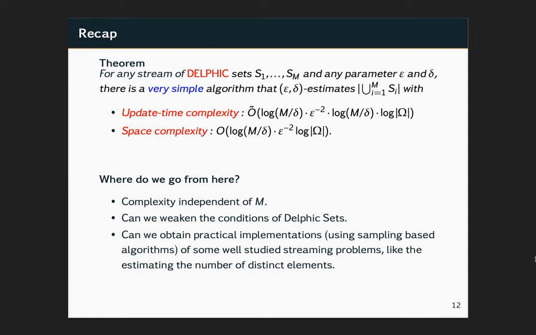And thirdly, since our algorithm is a sample based algorithm, it might be possible to design more practically implementable algorithms for some well studied streaming problems like the estimation of the number of distinct elements problem.